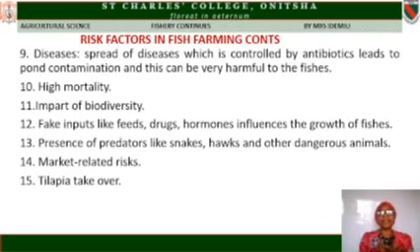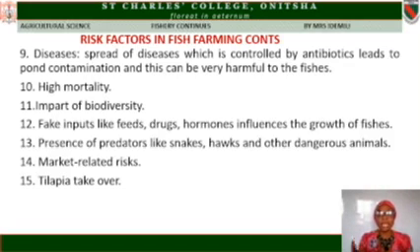Other risk factors in fish farming is diseases. The spread of diseases, which is usually controlled by antibiotics, may lead to contamination of the pond water, and this can be very harmful to the fishes. Then other risk factors include high fish mortality, impact on biodiversity, fake inputs like fish feed, drugs, hormones that influence the growth of fishes.